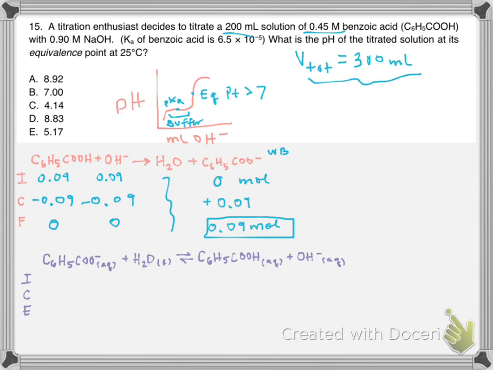To get our benzoate concentration, we're going to take the moles from our ICF table and divide by our total volume, which is 0.3 liters. Then we can see that our concentration is going to be 0.3 molar. And we can bring that down into our ICE table.